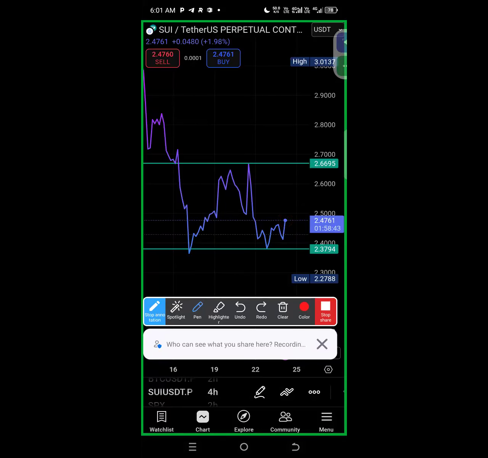So when you have the lines here, the lines give you the exact visual meaning just as the candles. This area tells you the peak at which the price got rejected. On the resistance, the price got rejected.